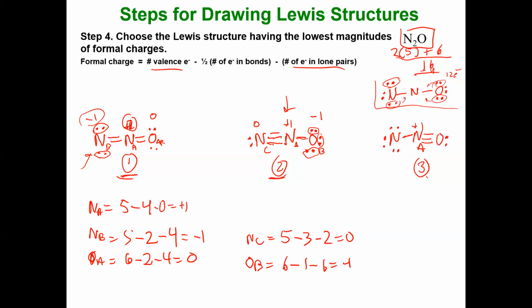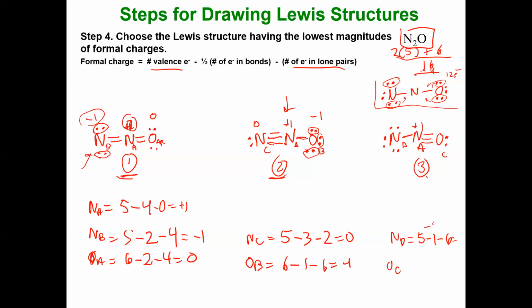But let's go to this one. I'm going to call this nitrogen D and this oxygen C. Nitrogen D has 5 valence electrons, 1 bond, and 6 electrons in lone pairs. That gives me a what? That's weird.